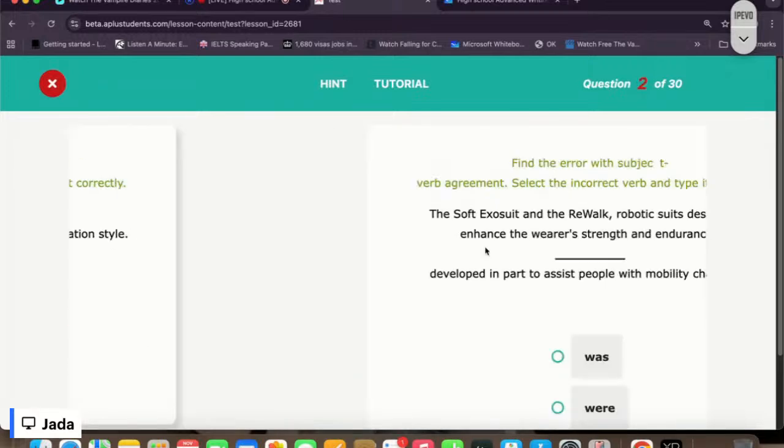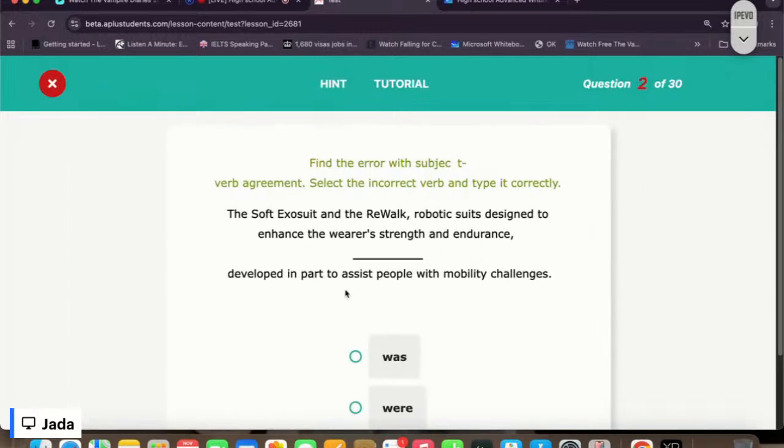So is, okay. Then the soft exoskeleton and the real work robotic suits designed to enhance the wearer's strength and endurance that developed in part to assist people with mobility challenges. Was or were?